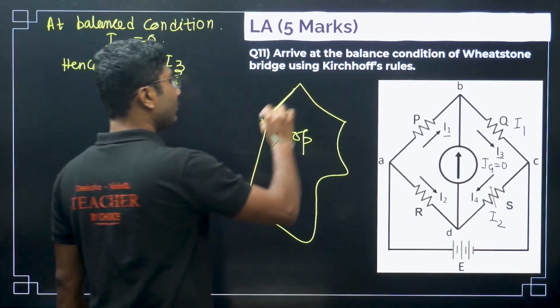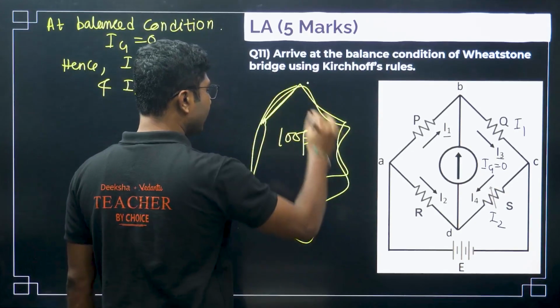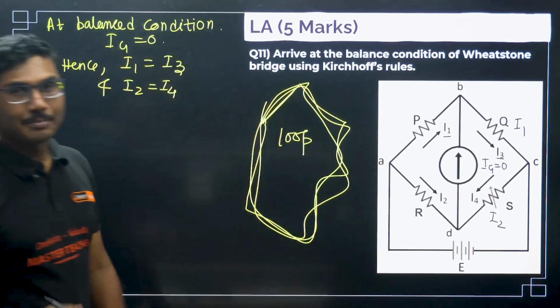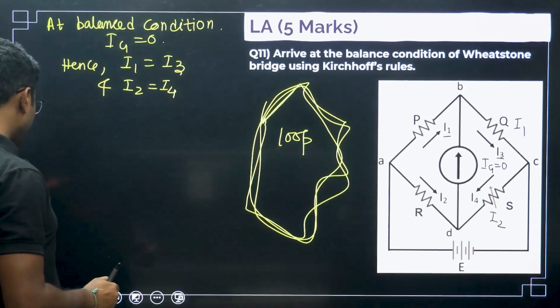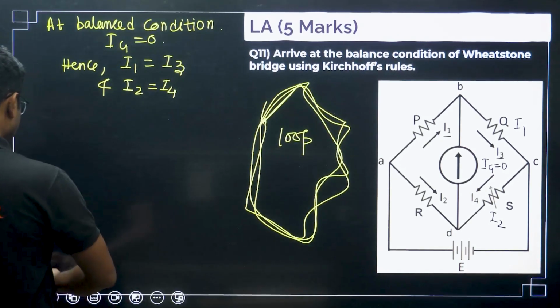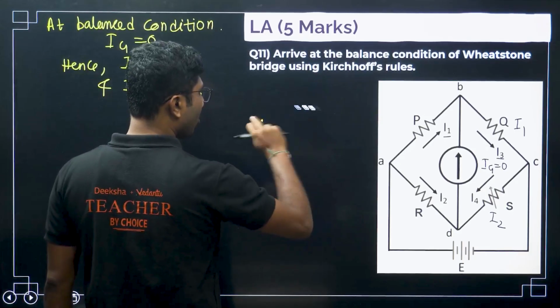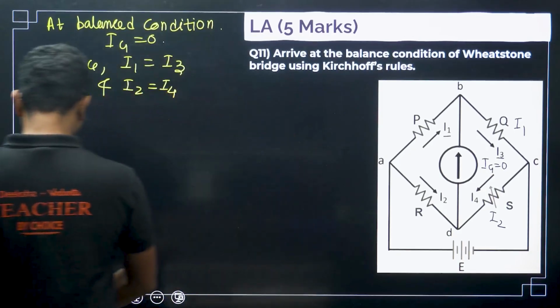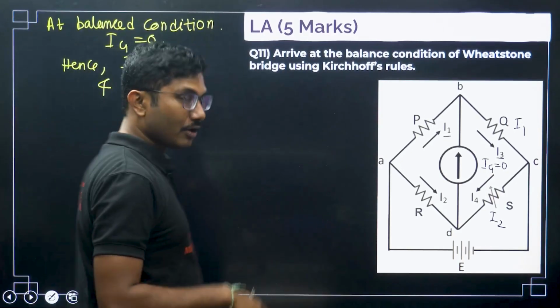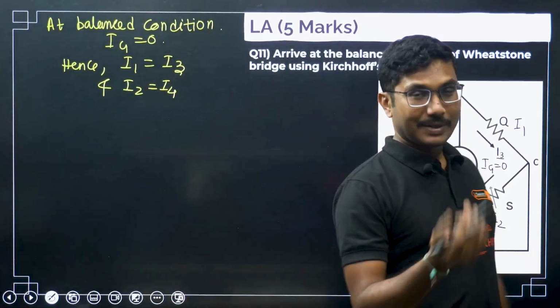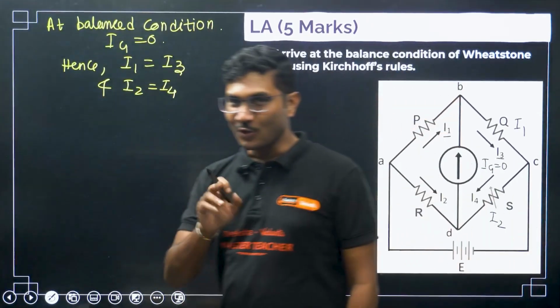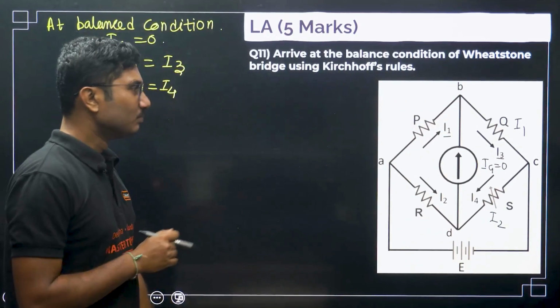So going from college to home, and from home to college, is called a loop. In between, if you sneak out and go for a movie, then you are breaking the loop. Don't go for a movie, you don't have the time.